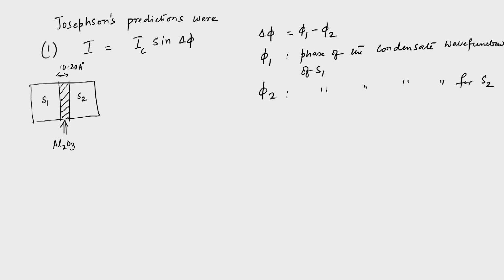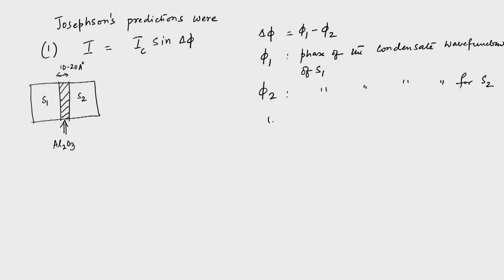So, just to put things in perspective, we have the condensate wave function, which is represented by an amplitude part and a phase part. So, this is in general a complex quantity, and the condensate wave function has this form, and we are precisely talking about this phi.